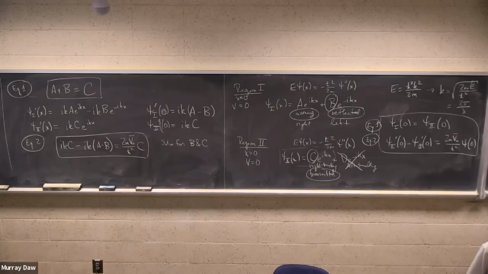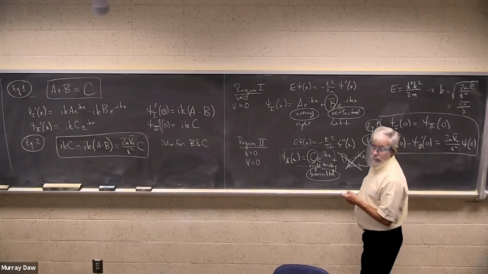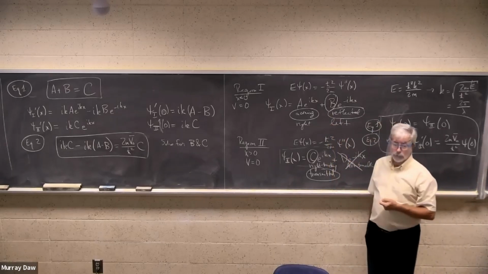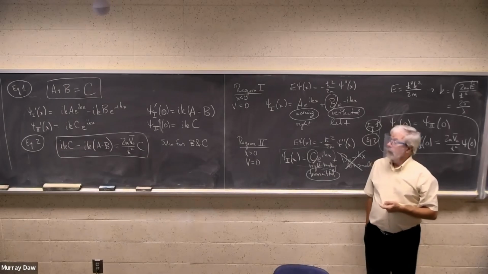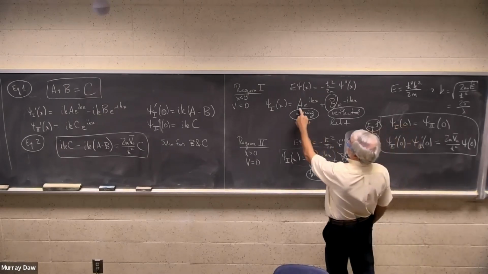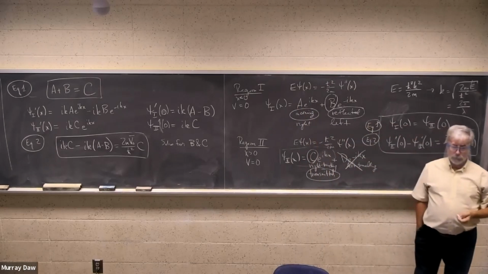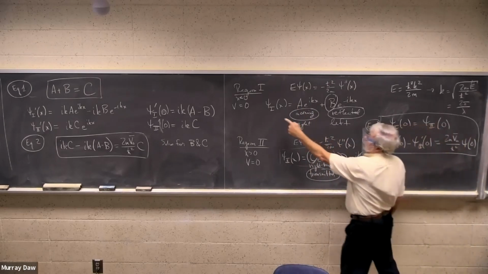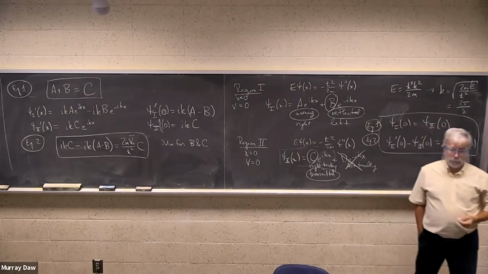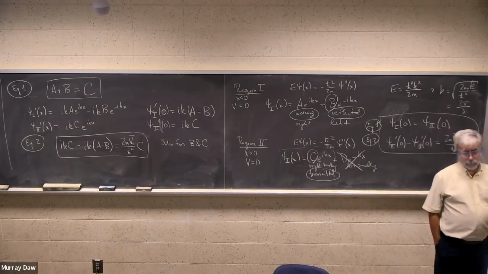Not particles. It's a probability amplitude. Remember that we have a probability amplitude. We're going to take this squared to get a probability density. The wave function is a probability amplitude. The absolute magnitude squared is a probability density.